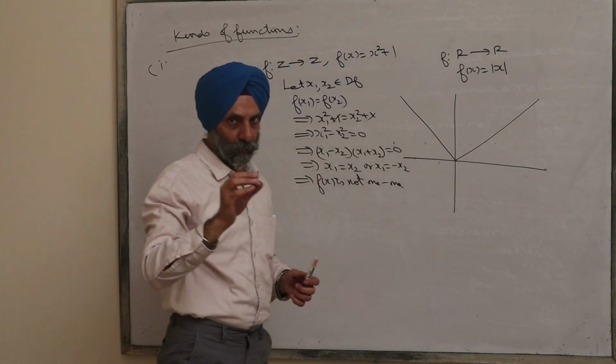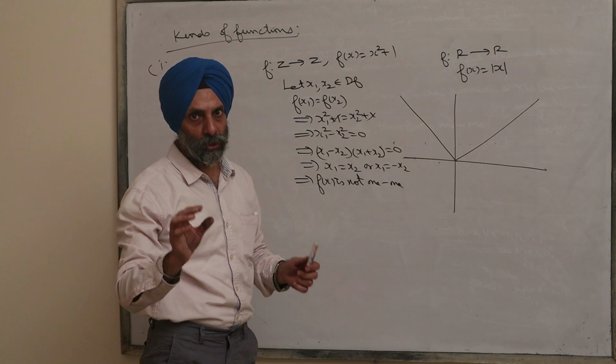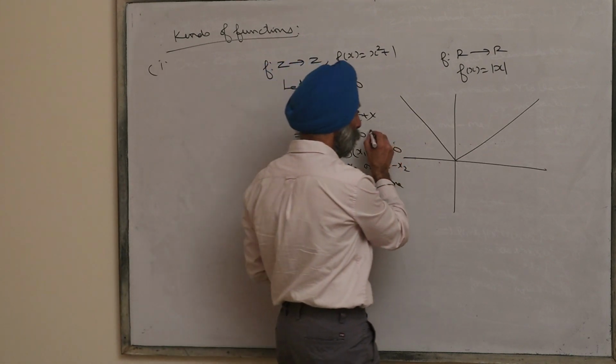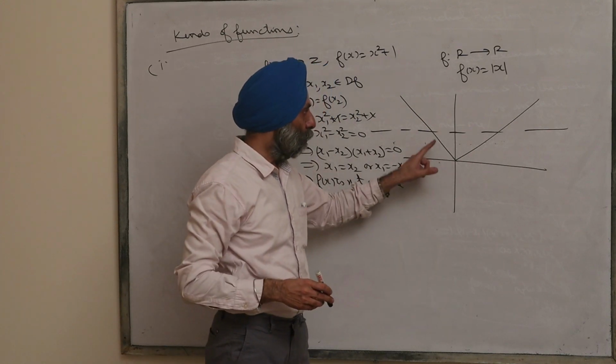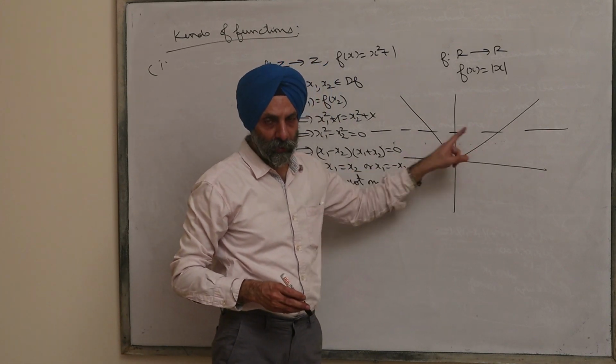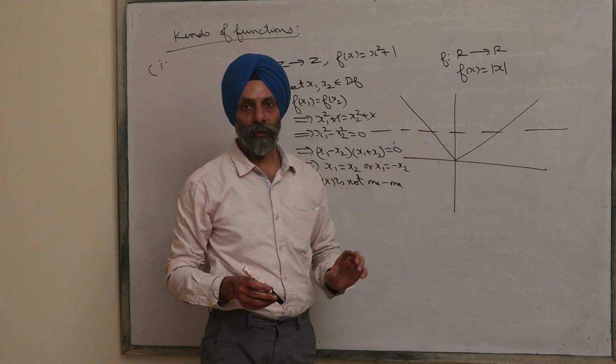So whenever you check for a one-one function or not one-one, you always draw a line parallel to the x-axis. If it cuts the graph at more than one point, then it is not one-one.